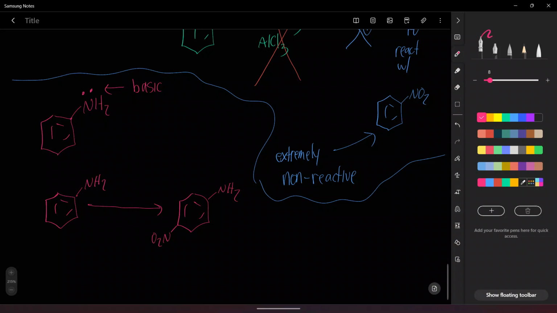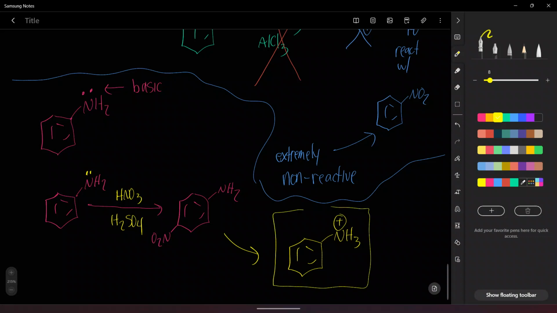you might think that would work really well. So you're going to throw in nitric acid and sulfuric acid. But the problem is that nitric acid and sulfuric acid are just going to protonate your aniline, and you're just going to get a protonated anilinium salt, like that.